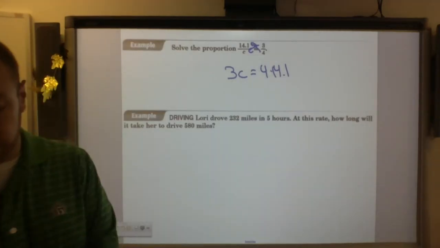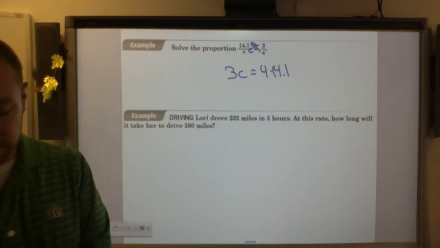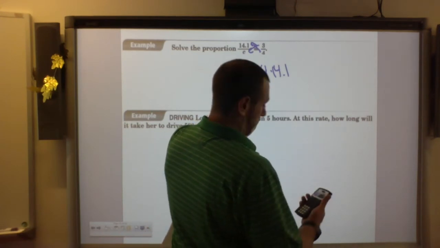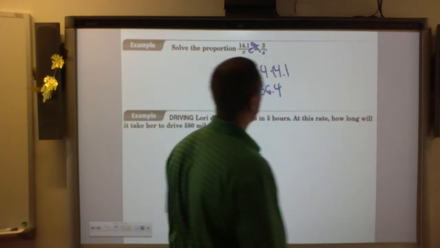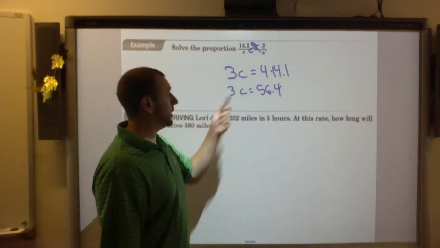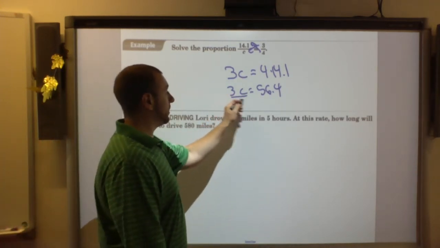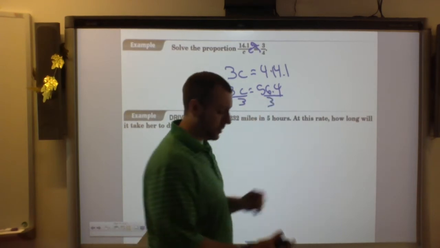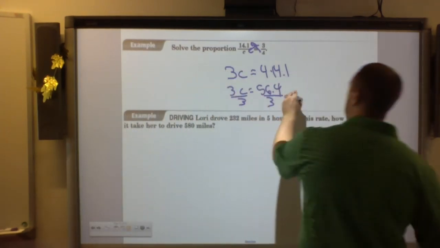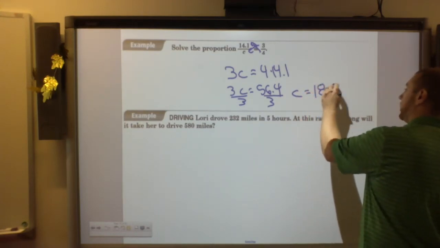Well, 4 times 14.1 is 56.4. Now, how do I solve that? Well, it's 3 times C, so I'm going to divide by 3 on both sides. Divide that by 3, and C equals 18.8.